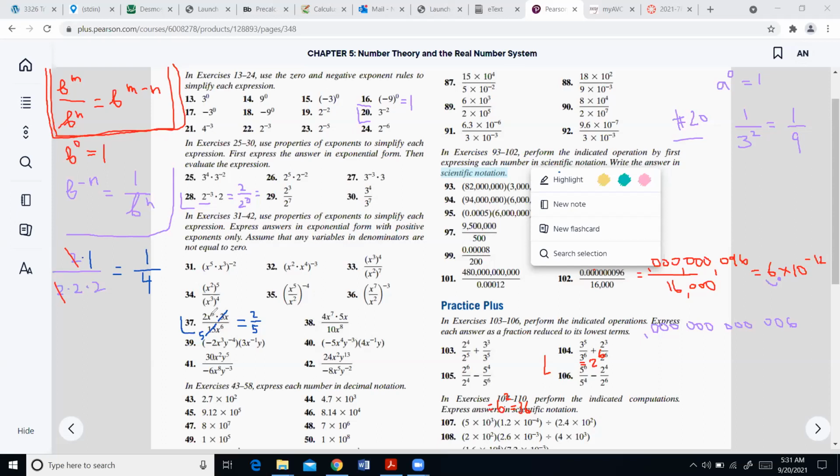Because here I have 5 and 1 more, so that's x to the power of 6 on the top. And we still have x to the power of 6 on the bottom. So I'm going to be canceling these 6 powers of x and get the answer, which is 2 over 5, like that.